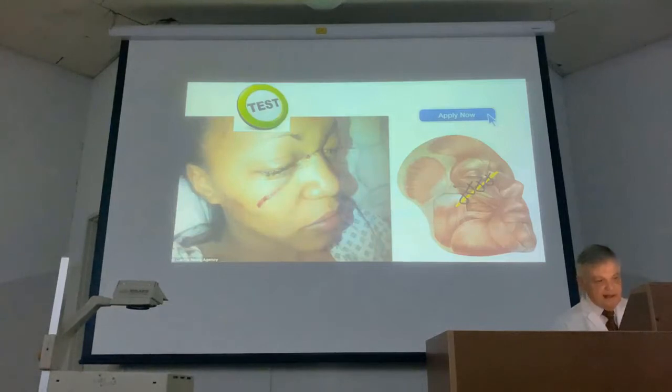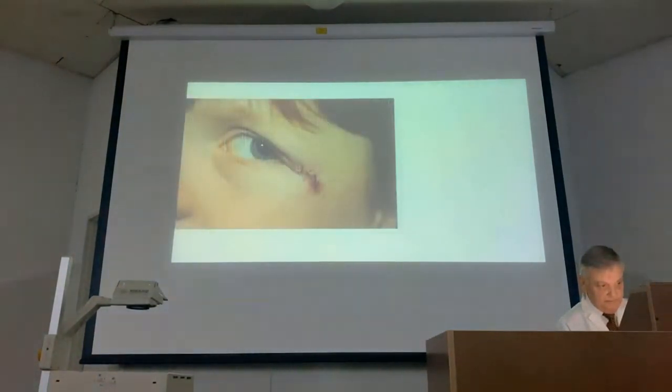If this lady is going to contract the masseter, the eyes will be open, a function that is not needed. And the angle of the mouth is going to move.